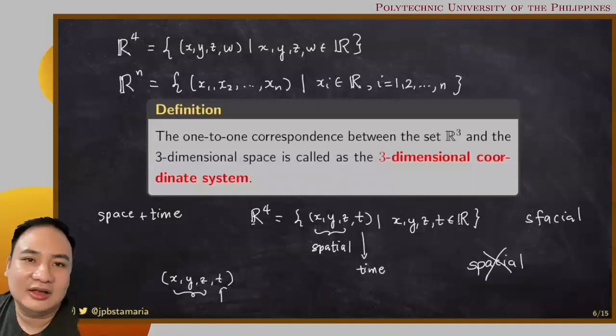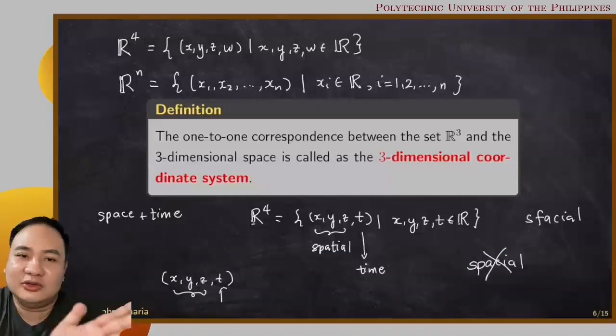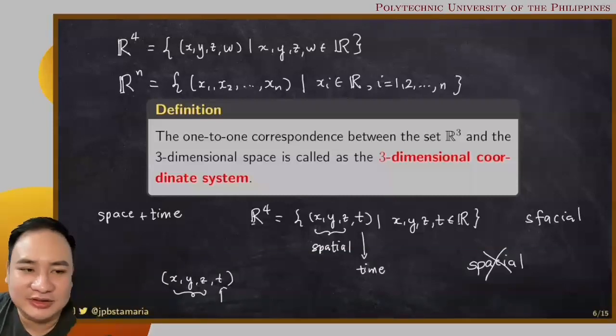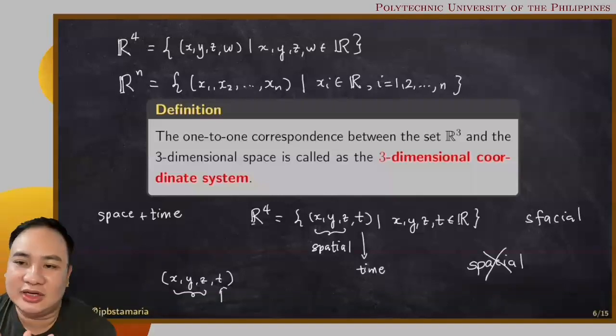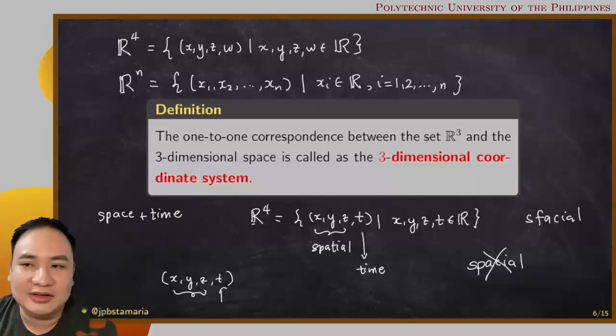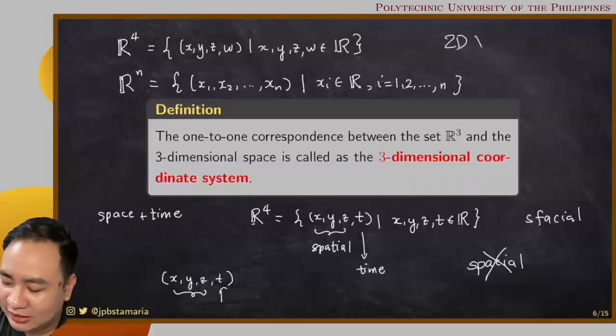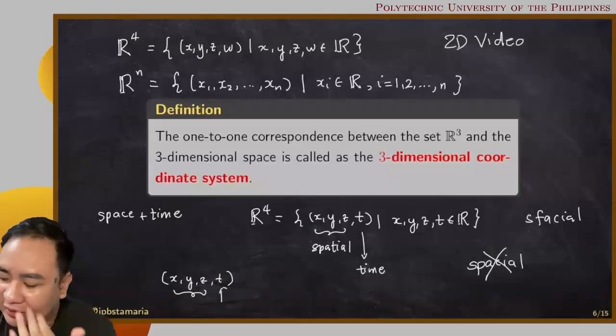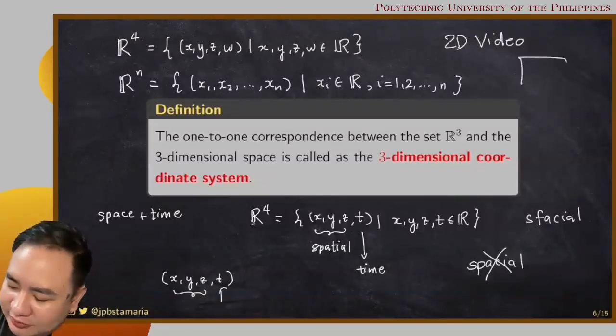Parang kung ikaw ay isang supreme being na nasa labas ng space-time, parang imaginein mo, nanonood ka ng 3D na video. O kagaya natin ng mga 3D entities, nakakapanood tayo ng 2D na video. Diba? Ang 2D na video, binubuo yan ng mga frames, ng mga two-dimensional frames, na magkakasunod-sunod lang.